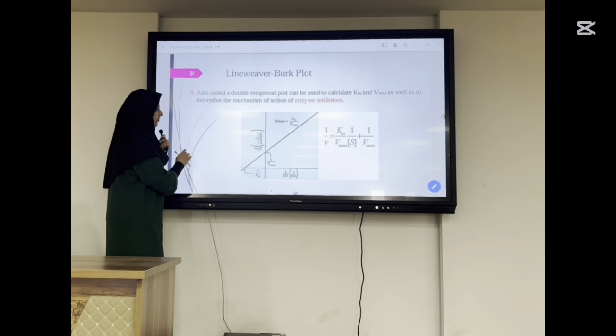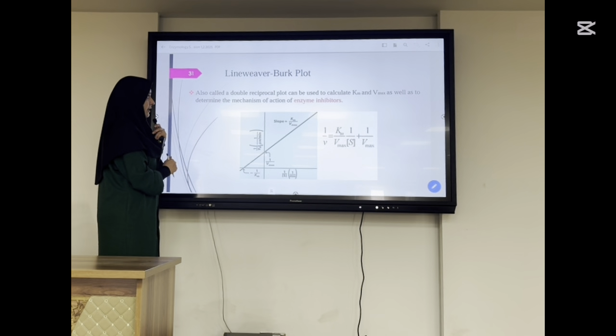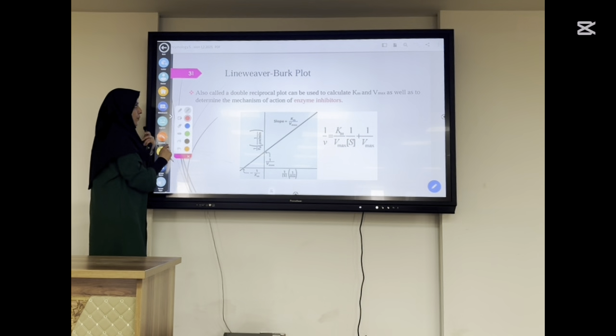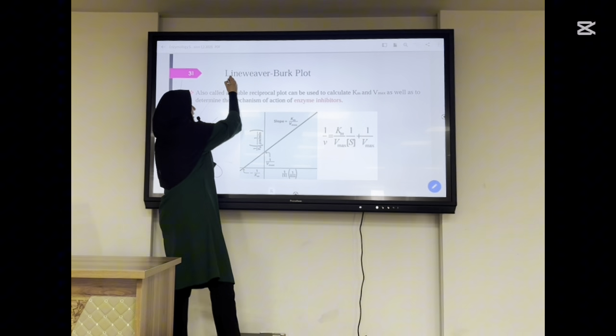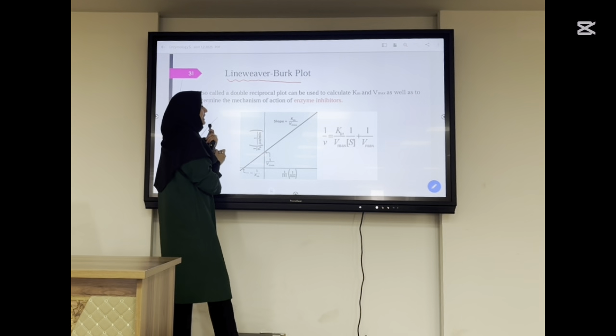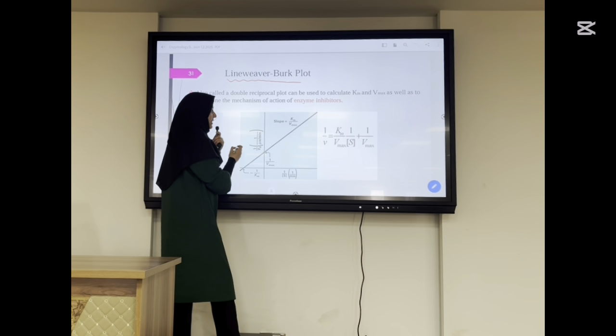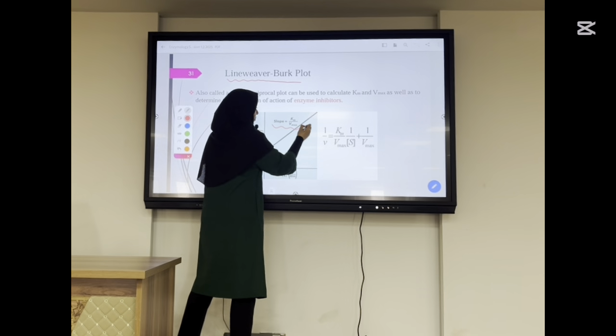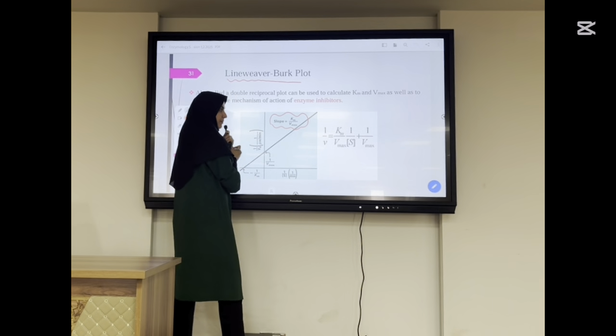So, especially for inhibitors, what is important to know? If I ask you, the name of this plot is important, Lineweaver-Burk, and also the slope is important. Okay?